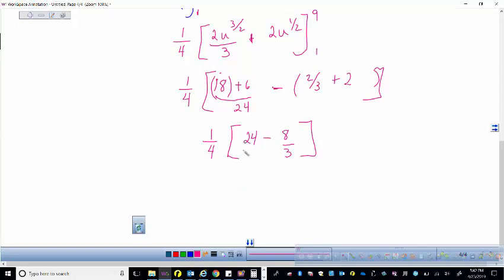And when I do that, you can do that a couple different ways. I could take 1/4 of each of them, so that's 6 minus 1/4 of 8 is 2/3. Yeah, 2/3. And 6 minus 2/3 would be 5 1/3.